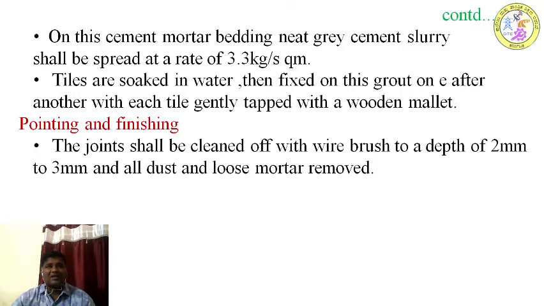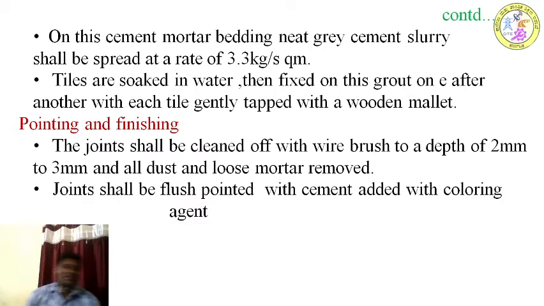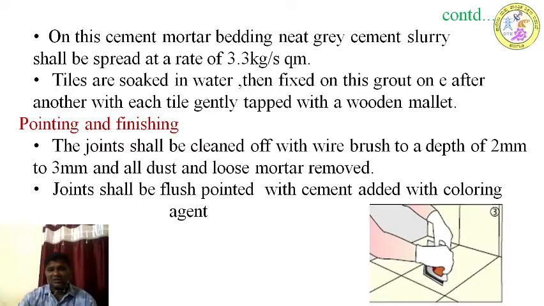I am going to take out the cement slurry that has come out from the joints using a wire brush, and then the joints will be flush pointed with white cement added with coloring agent. Coloring agents are added to match the color of the floor. So you can see here the person is filling cement grout into the joints.